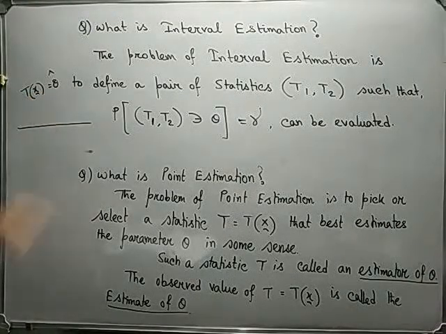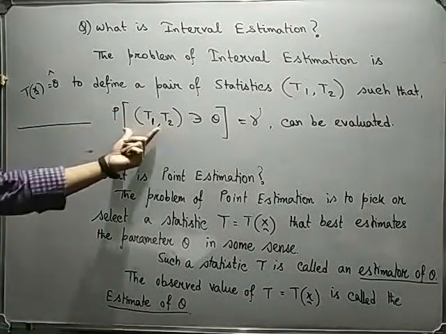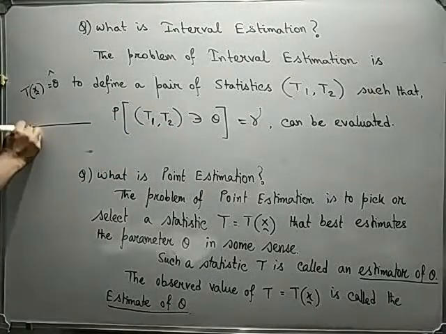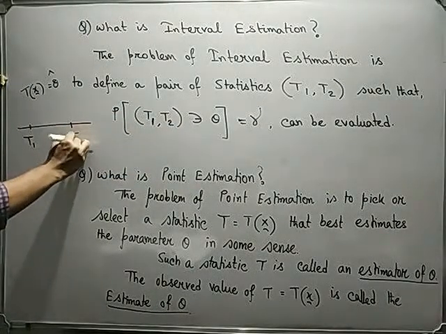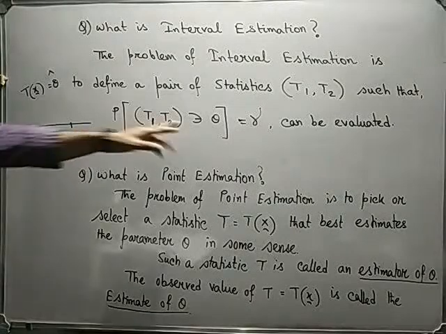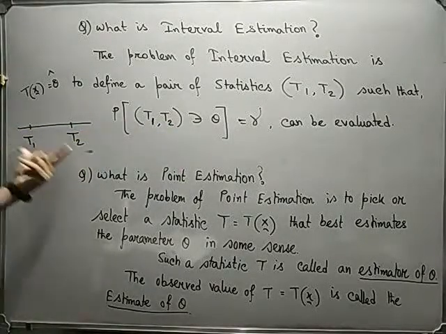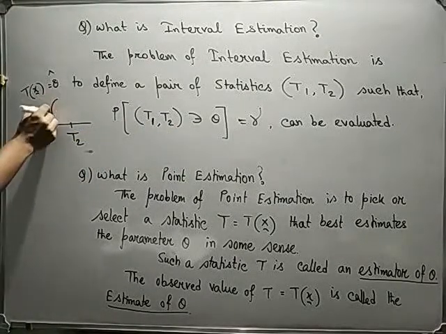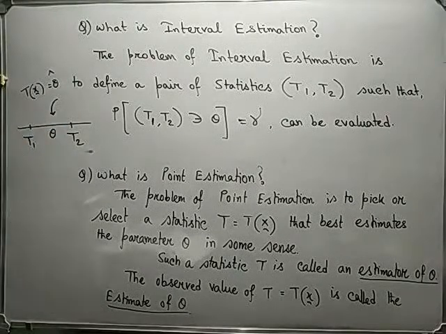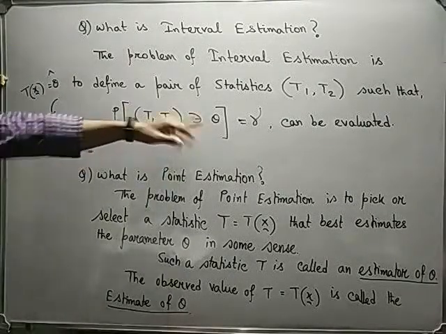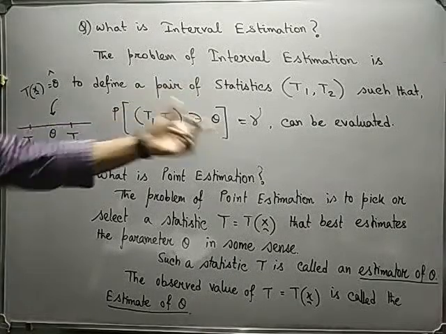So that's why we use this interval, T1 and T2, and we can assure that this interval will contain the value theta with some certain probability.